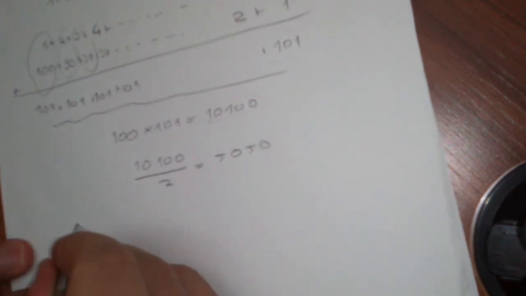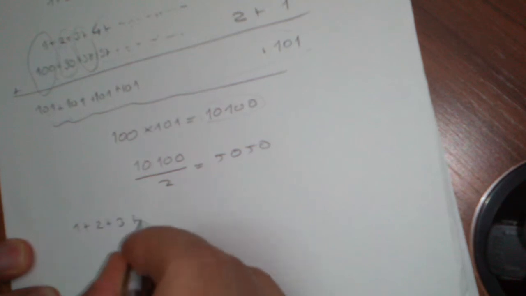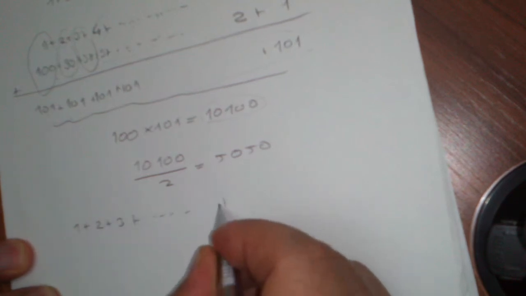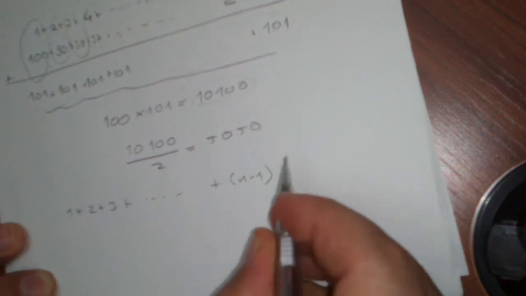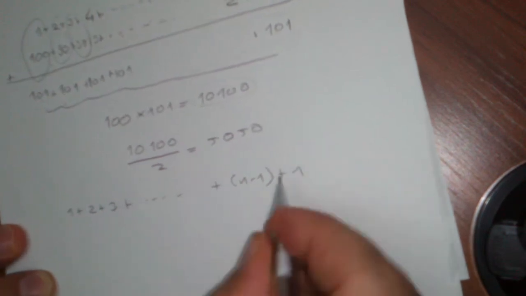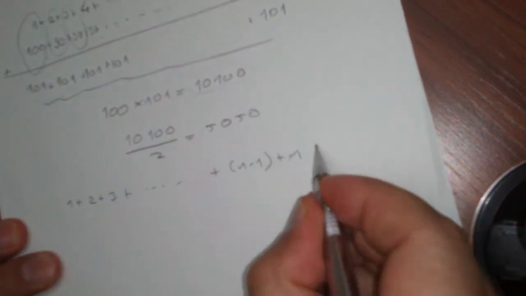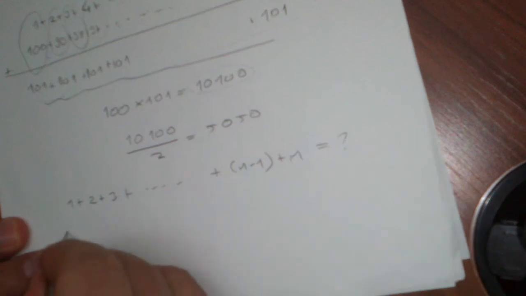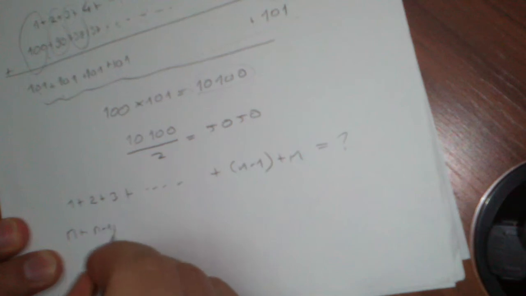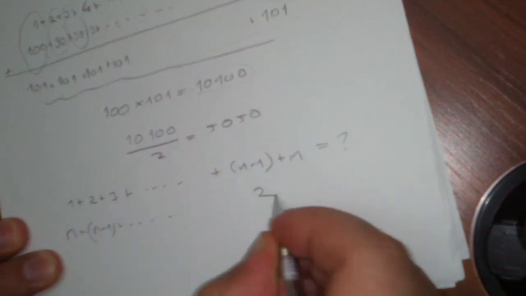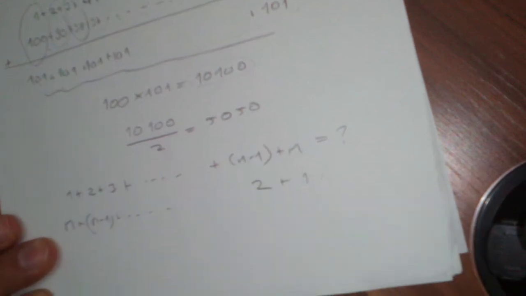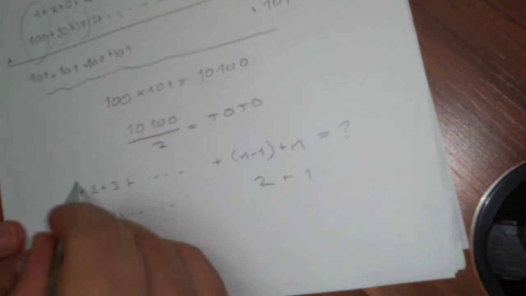And here is your long sought formula. If I want to add numbers from 1 to n, what will I do? The same rule. I will write it in descending order from the reverse, n minus 1, down to 2, 1. What will we have now? Let's see.